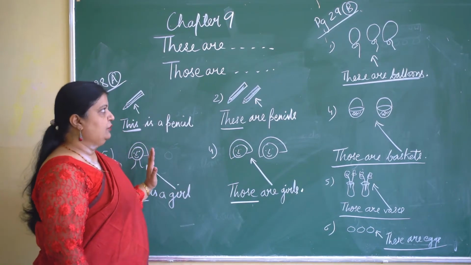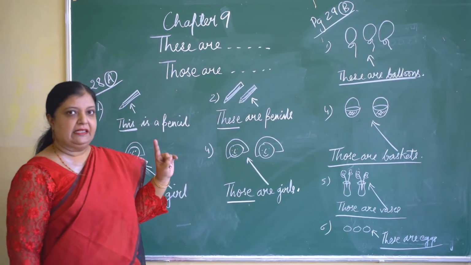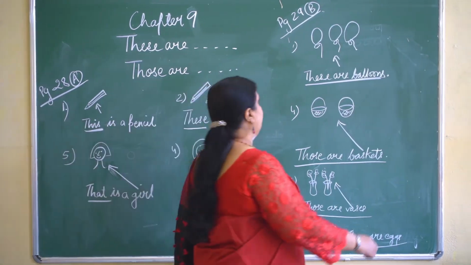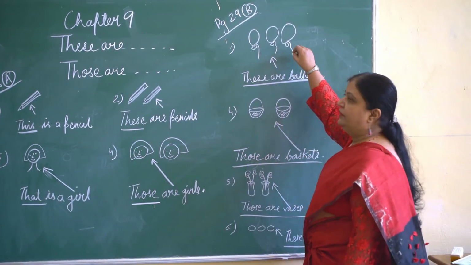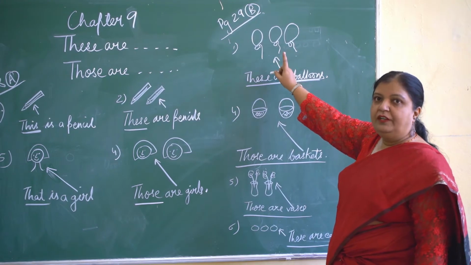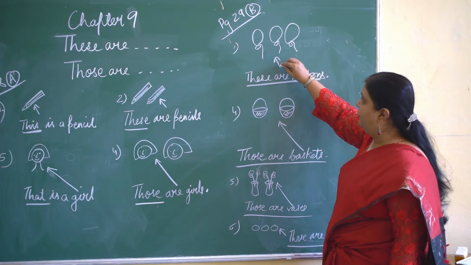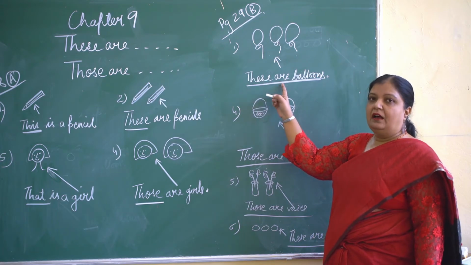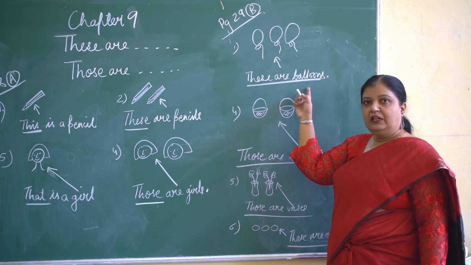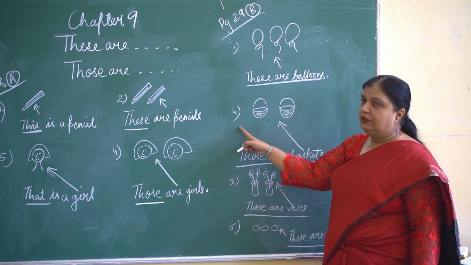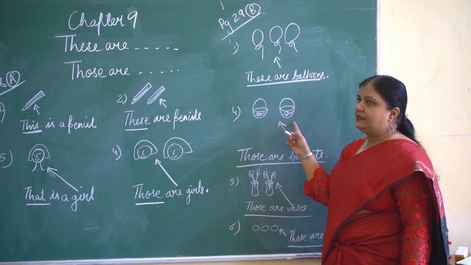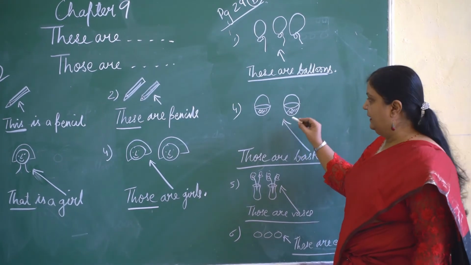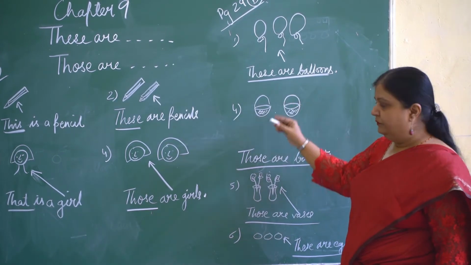In relation to this, the page 29 B exercise is there. Here three balloons are there. So for more than one and near, what will you use? These. These are balloons. Understood? Then the fourth picture, two baskets are there, far off, not near.